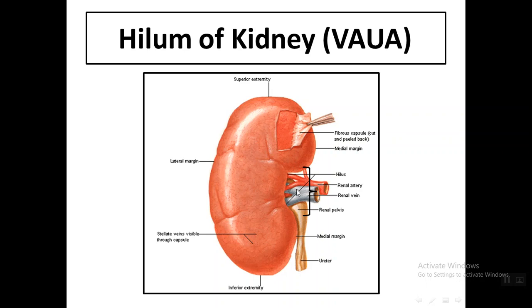The arrangement of structures in the hilum, from superficial to deep or from anterior to posterior, is the renal vein, artery, the ureter, and another branch of the renal artery. So the arrangement will be VAUA, that is vein, artery, ureter, and artery.